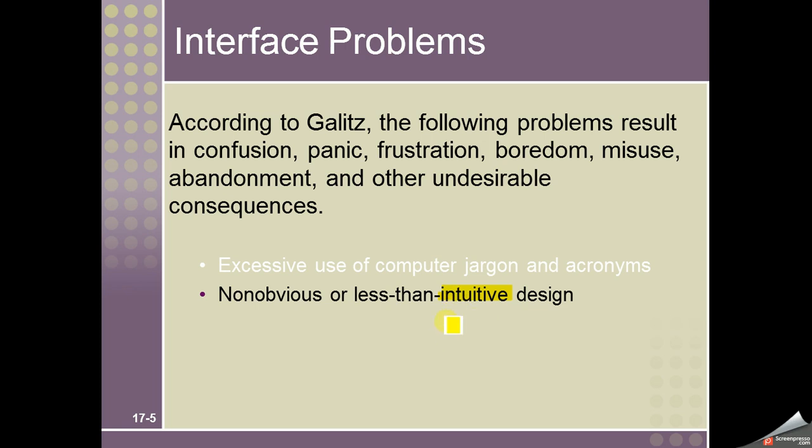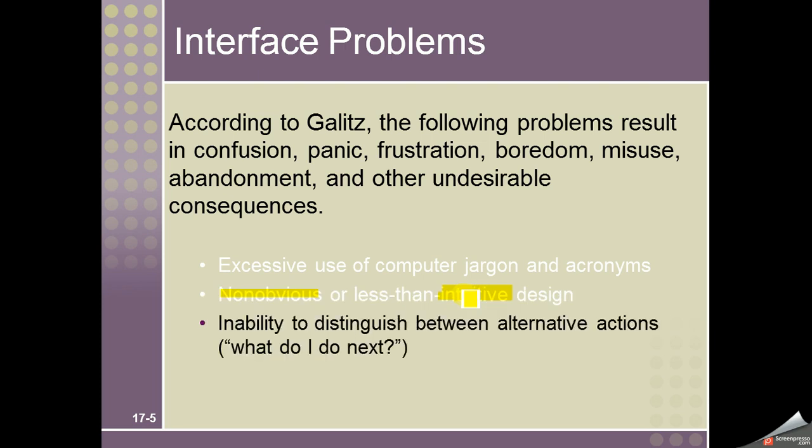Like we use pinch to zoom in and zoom out. We use swipe to move to the next or previous image or any item, scrolling up, down, and so on and so forth. So if the user interface is not obvious or not intuitive, then the users will suffer from certain problems.